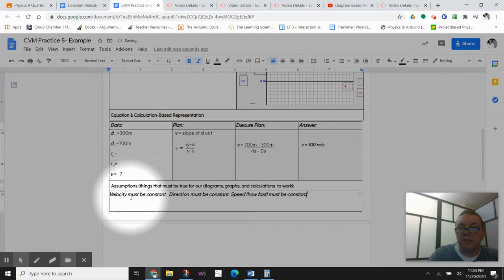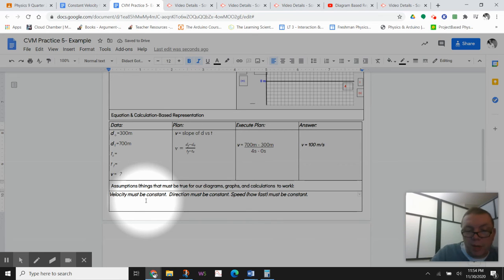Remember, velocity is both how fast and the direction. When we have the slope of a line, positive or negative tells us the direction according to our coordinate system, and the number tells us how fast. So that's just flat out saying the velocity must be constant.